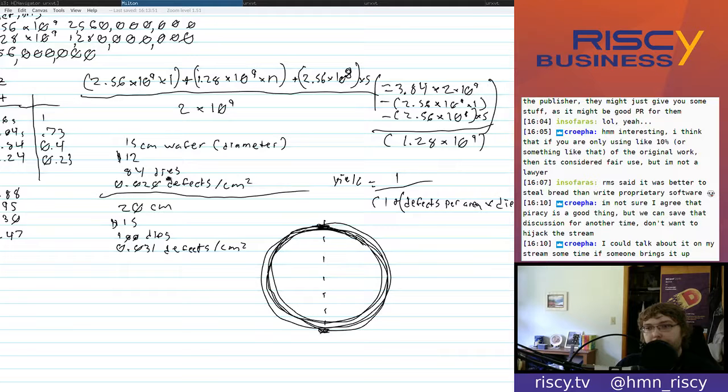So if we know the area of the wafer and we know how many dies it's supposed to produce, we should be able to figure out the size of the dies. But I need to think about the math for that. It's not super clear to me.